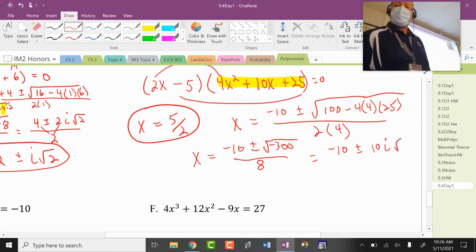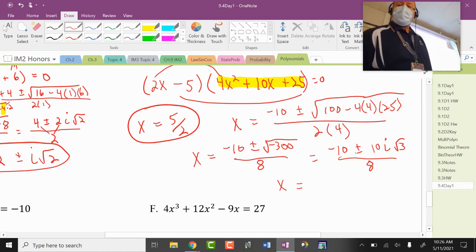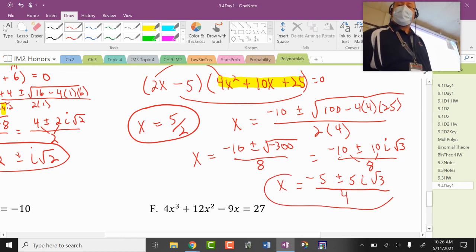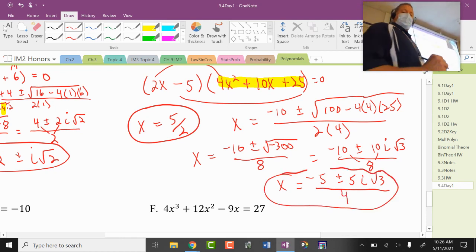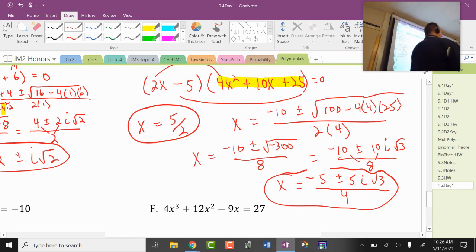It's an I number. Root 3 is stuck inside. And then these are all divisible by 2. So negative 5 plus or minus 5 I root 3 over 4. You have to divide both parts of the numerator by 2, not just the outside part.